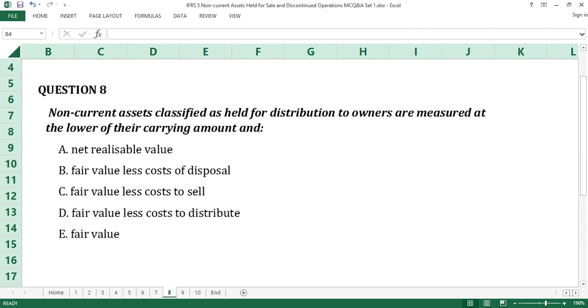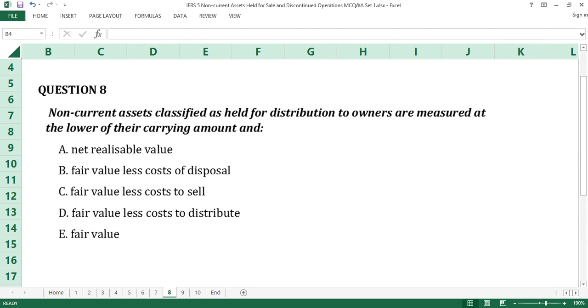Question number 8. Non-current assets classified as held for distribution to owners are measured at the lower of their carrying amount and dash. A. Net realizable value. B. Fair value less costs of disposal. C. Fair value less costs to sell. D. Fair value less costs to distribute. E. Fair value.